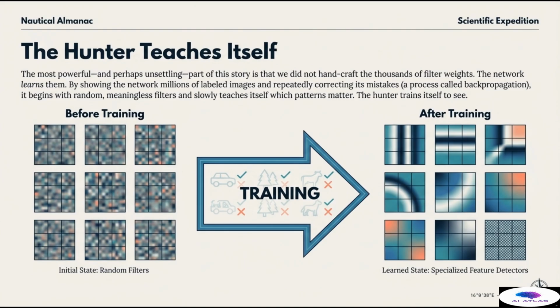Through this relentless self-correction, the random filters slowly evolve into highly specialized feature detectors. As seen in the after-training state, the filters learn to specifically recognize sharp edges, smooth gradients, and complex curves. This self-learning mechanism transforms a random numerical matrix into a specialized visual intelligence, allowing the hunter to truly understand the structure of the world it observes.